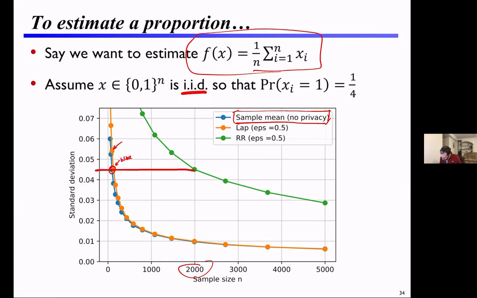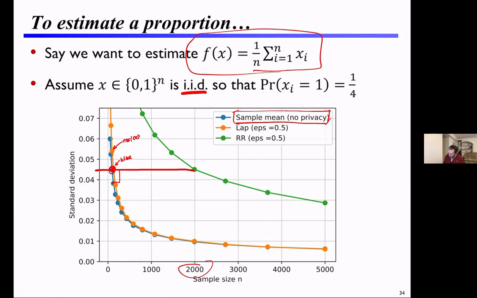So that's how much error you get with n equals 100, roughly. And if you wanted to compare at a slightly larger sample size, you'd compare this orange point with this blue point. Okay, so what you see is that they're tracking each other pretty closely.